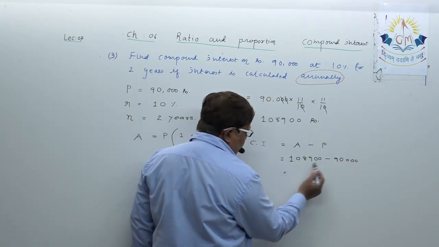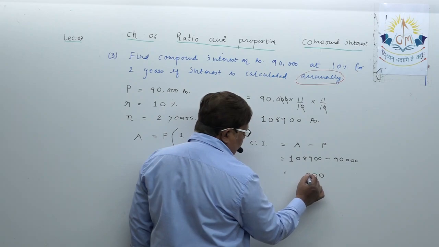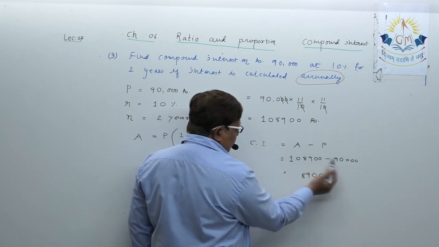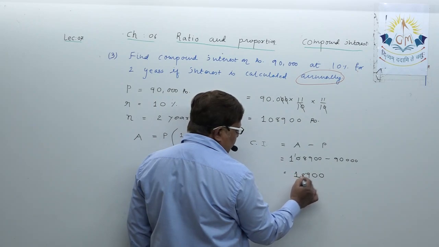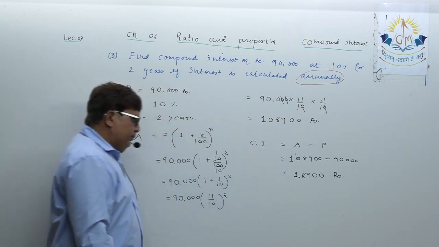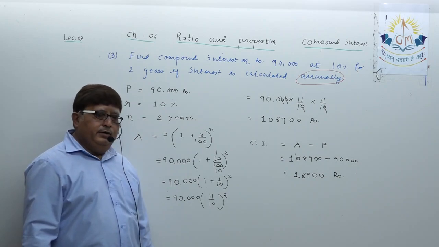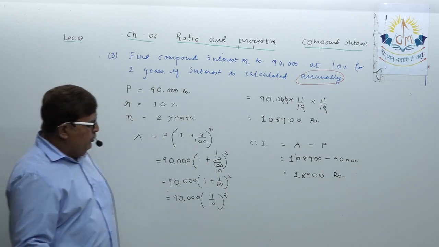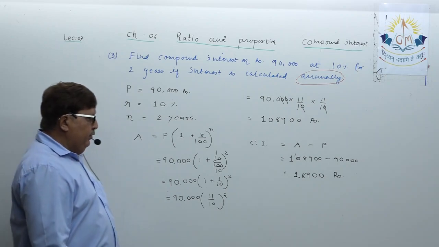Just go on subtracting 0 minus 0 0. Here also 0. Then 9. Okay. 8 minus 0 8. 0 minus 9 not possible. So here 1. 10 minus 9 1. So this you got. This is the compound interest. Understand? 18,900 rupees. That's the amount of compound interest the money lender has received, who has given this amount.